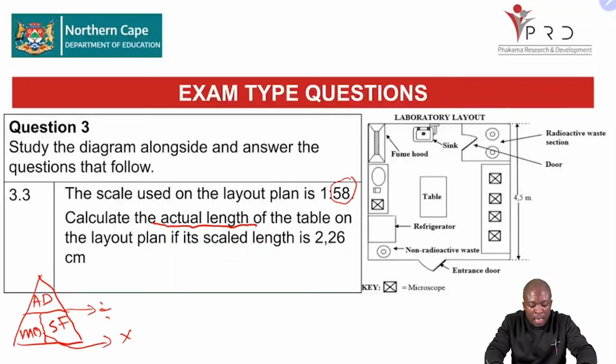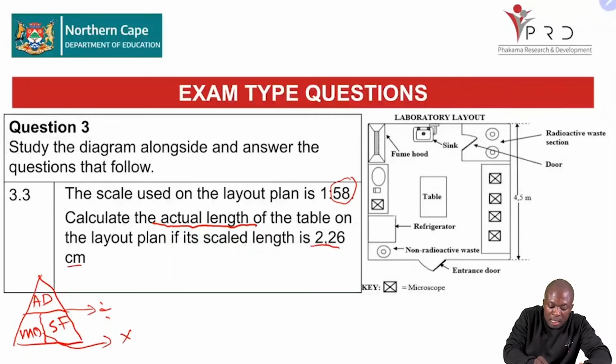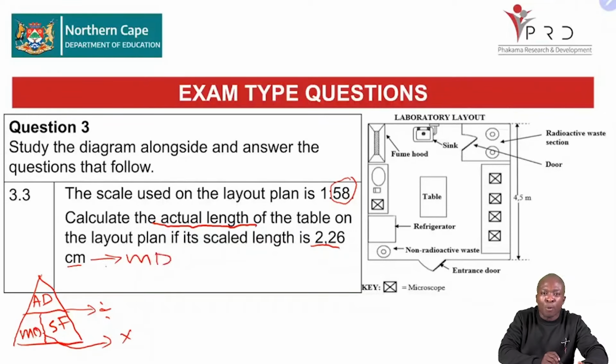Calculate the actual length of the table on the layout plan. If its scale length is 2.26 centimeters. So here, can you see it's 2.26 centimeters? That is the MD. What's our MD? It's our measured distance. They have already measured for us.